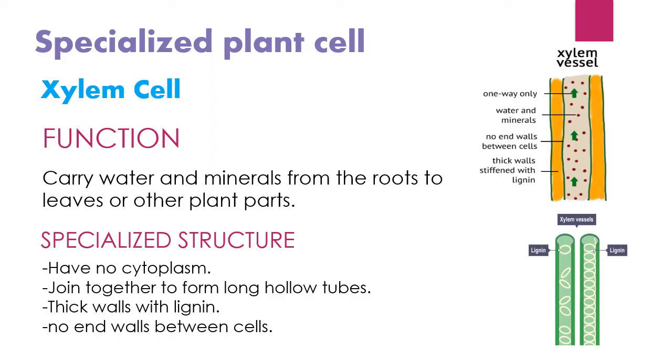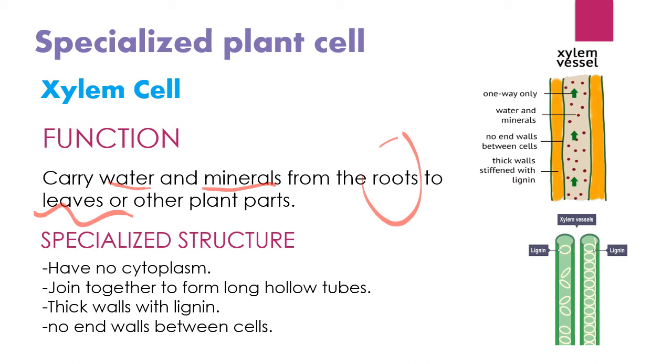Xylem cell, it carries water and minerals. So its function is to carry water and minerals from the roots to the leaves or other plant parts. So it carries water and minerals from the roots, which is in the soil, to the leaves or other plant parts.